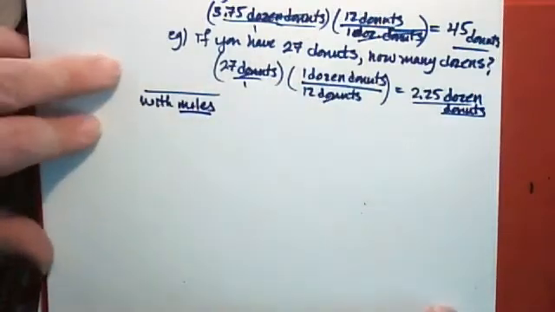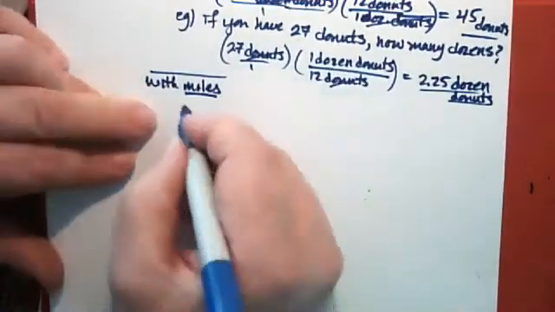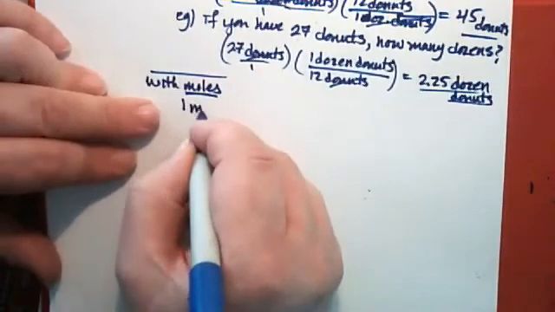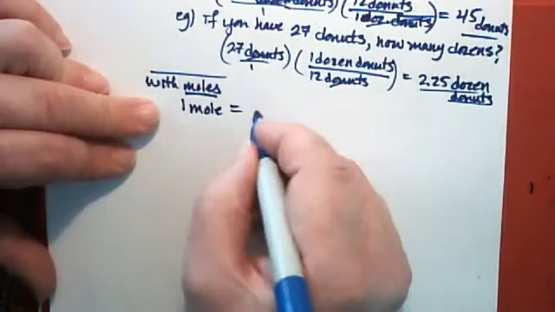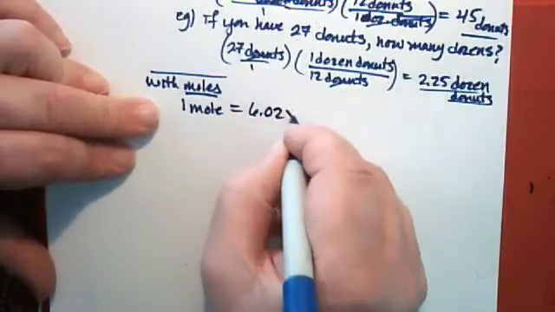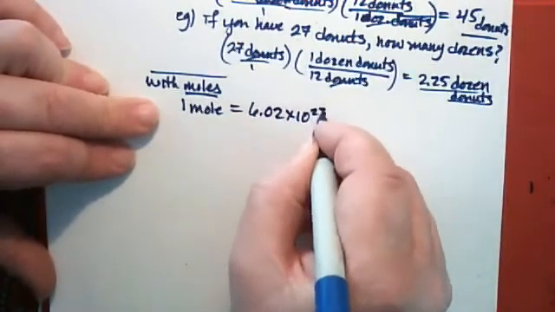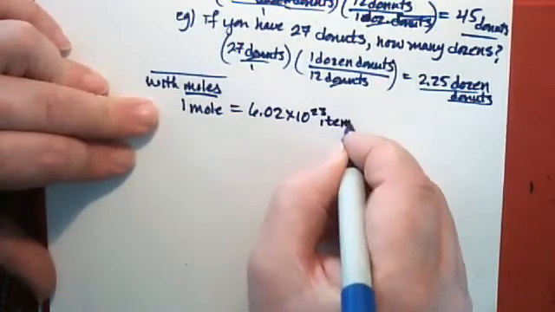Doing the same thing with moles, your equivalence statement is 1 mole of any kind of items is equal to 6.02 times 10 to the 23rd power individual items.